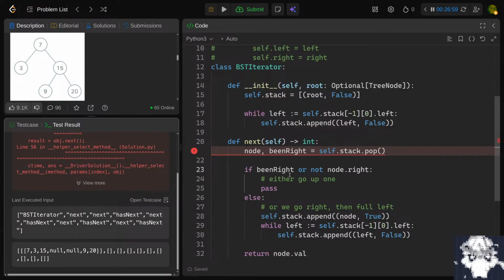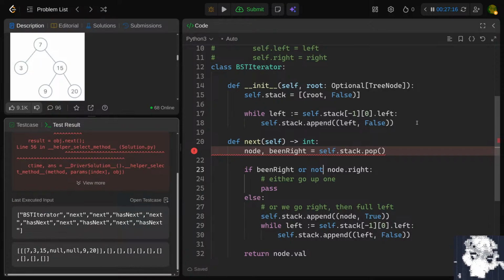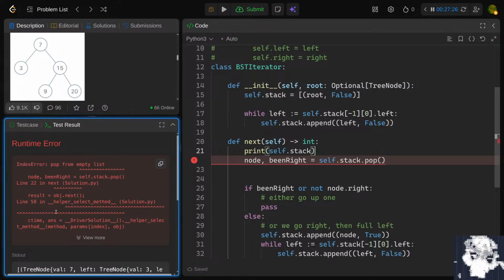Okay. I think I'm gonna need to print self.stack at the beginning of each next call.